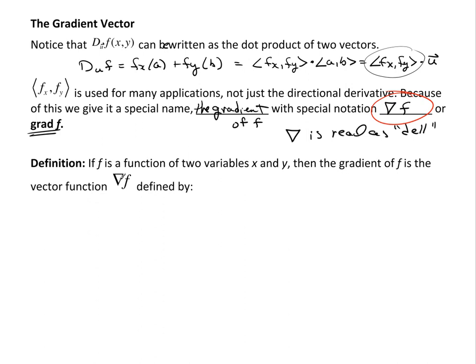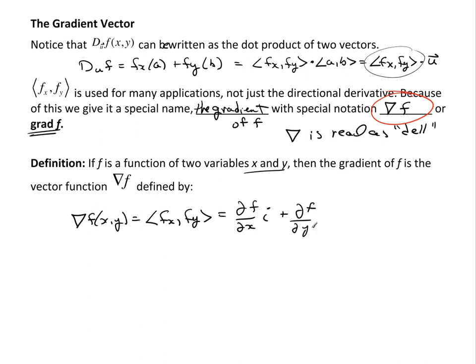If f is a function of two variables, obviously x and y, then the gradient of f is the vector function del f defined by the gradient of f, of course, of x y, equals the vector consisting of the partial with respect to x and the partial with respect to y, which we could write as the partial of f with respect to x i plus the partial of f with respect to y j.